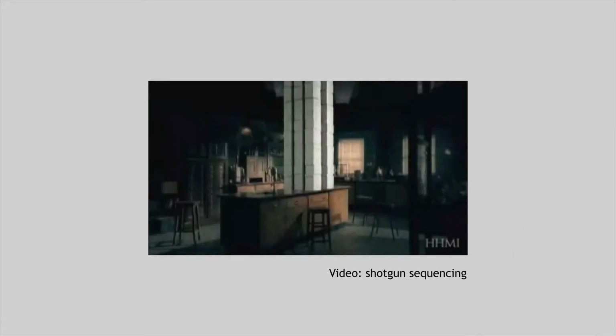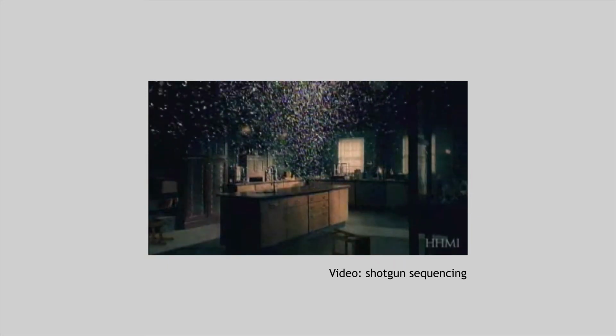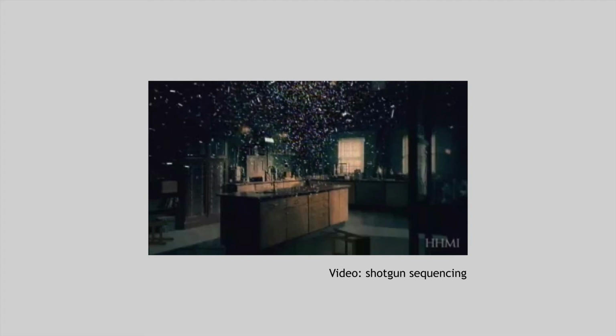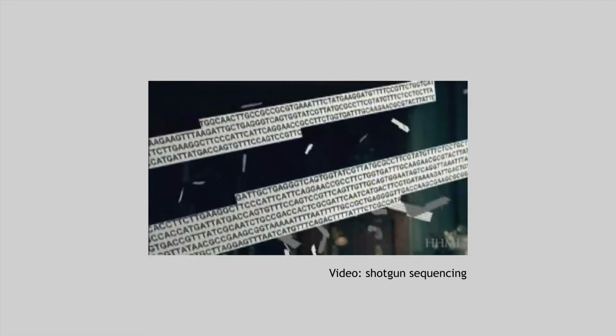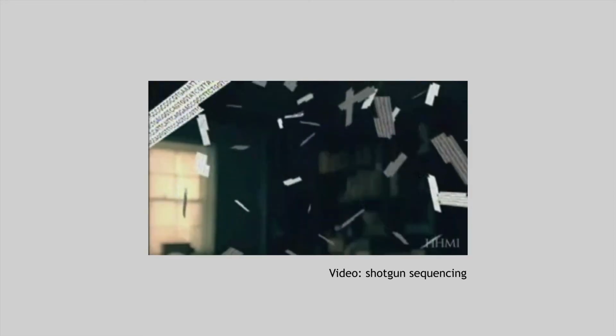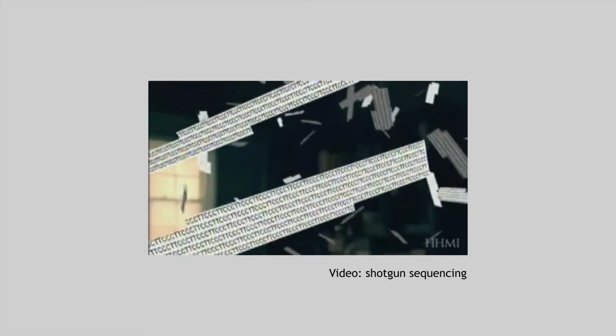Shotgun sequencing is the method that was used by the private Genome Project. Shotgun sequencing requires multiple copies of the genome, which are effectively blown up into millions of small fragments. Each fragment is then sequenced. The small fragments are assembled using an immense amount of computer power to match overlapping sections. The drawback of this method comes when dealing with repeat sequences.